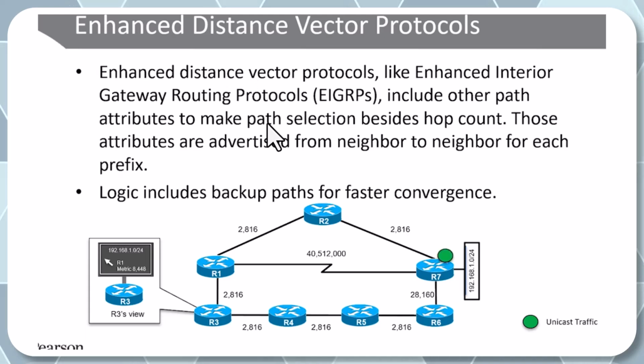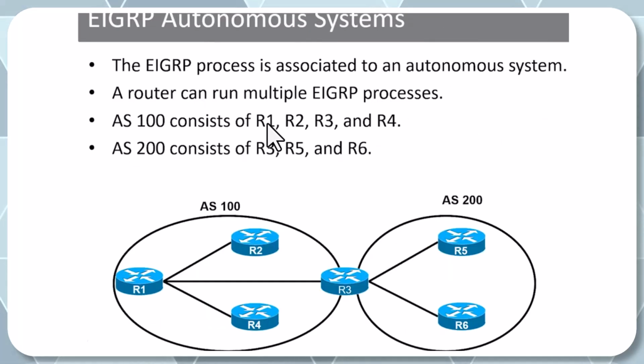Now in EIGRP, the EIGRP process is associated to an autonomous system. In the lab we will give the autonomous system. A router can run multiple EIGRP processes. For example, in AS number 100, we can see 3 routers, and in AS number 200, we can see 2 routers.